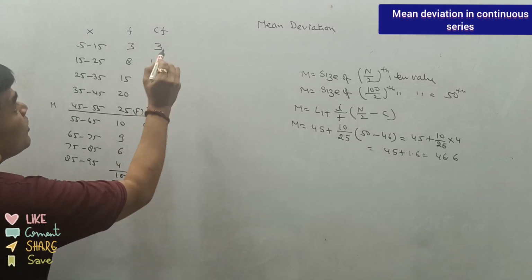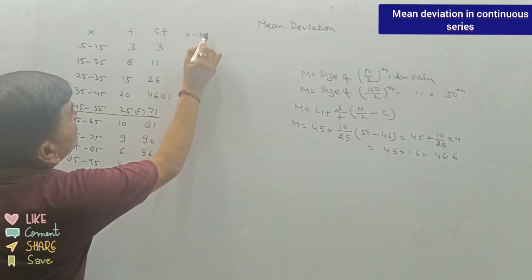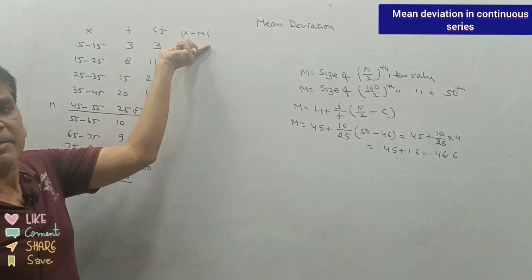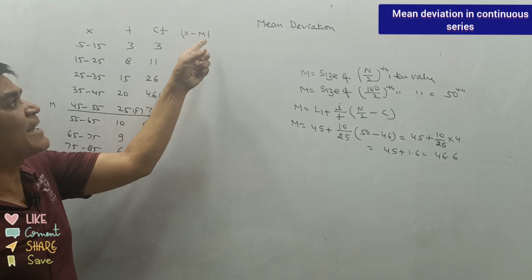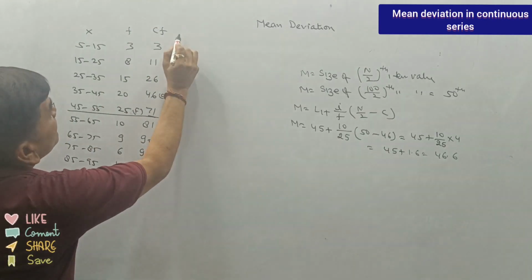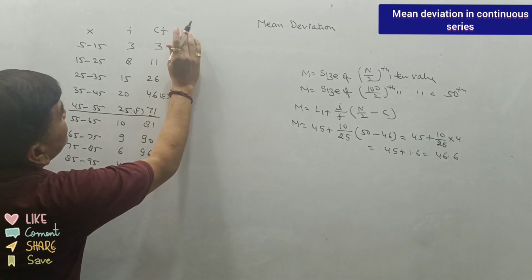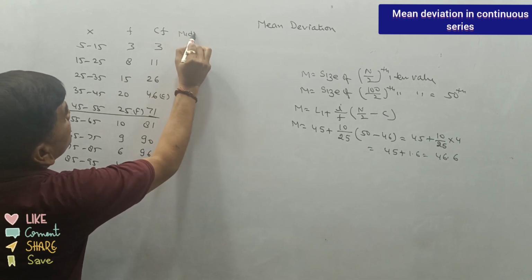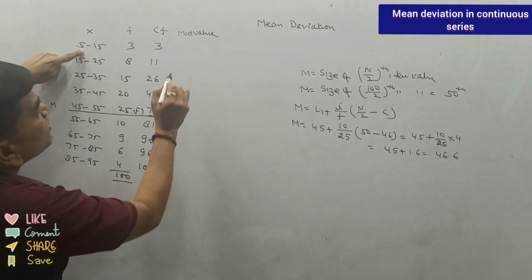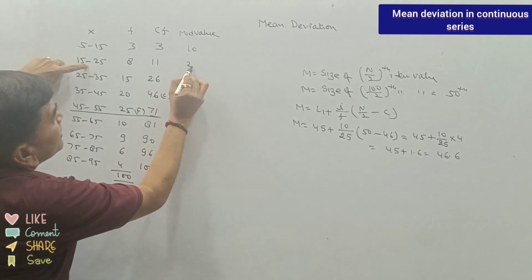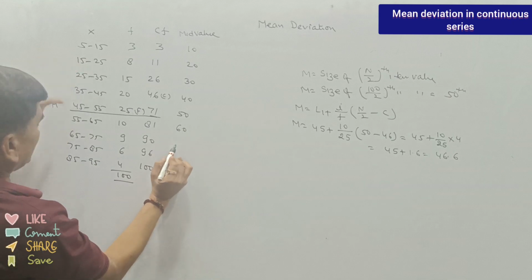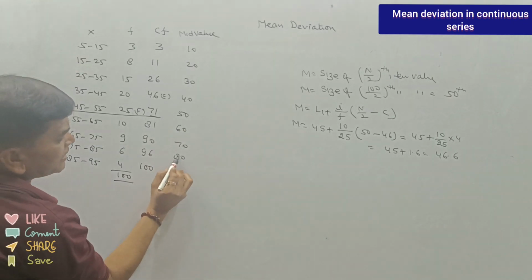Now, x minus median. We will ignore the plus and minus sign; this symbol shows that we will not care about the sign. For this, first we need the mid value: 5 plus 15 divided by 2 is 10, then 20, 30, 40, 50, 60, 70, 80, then 90.